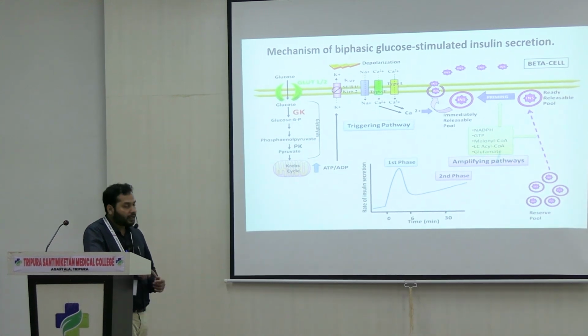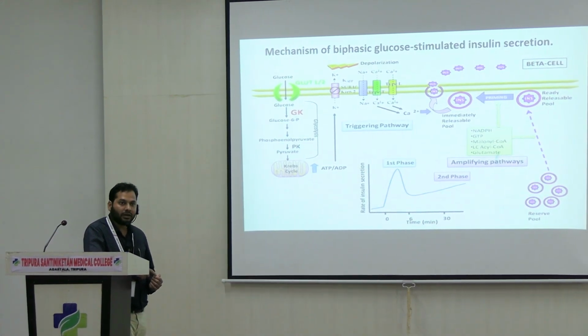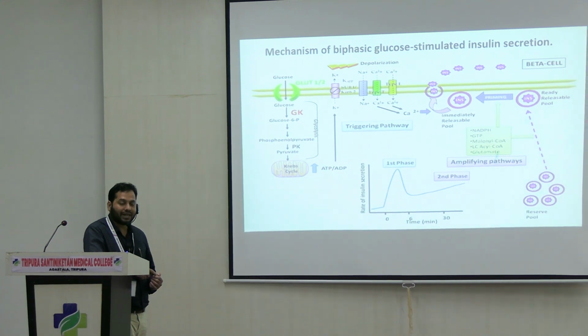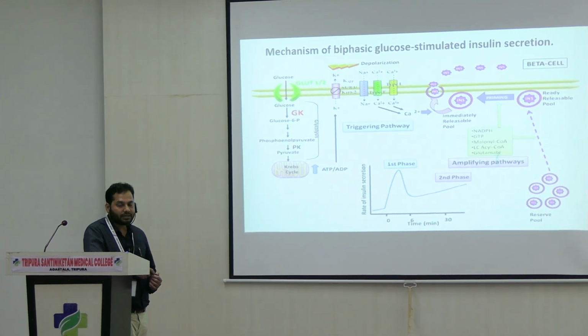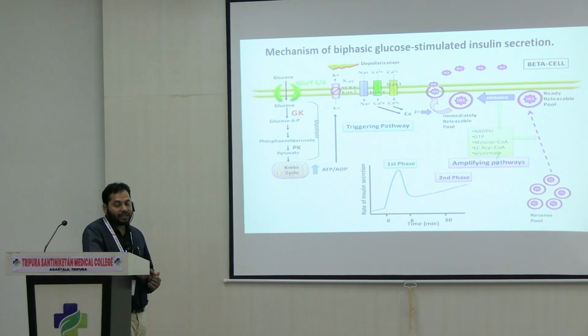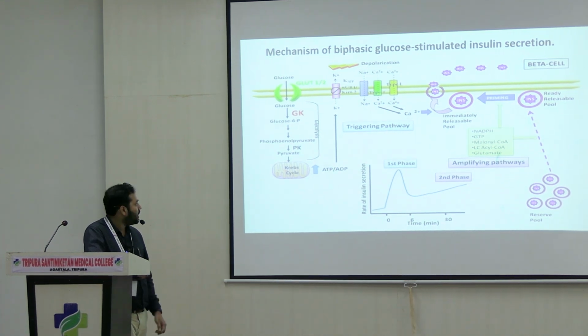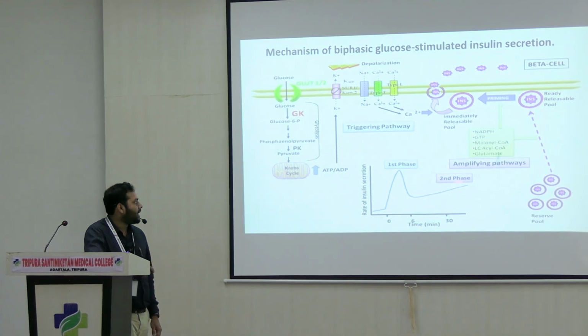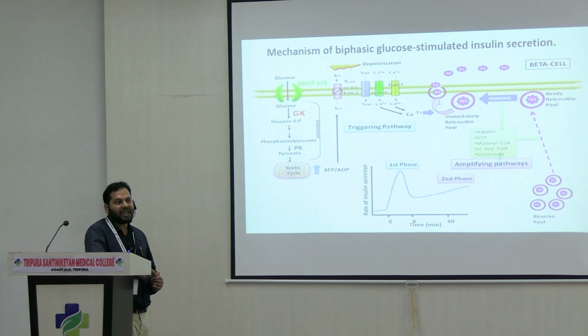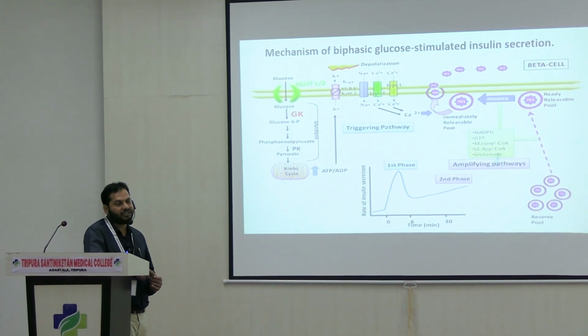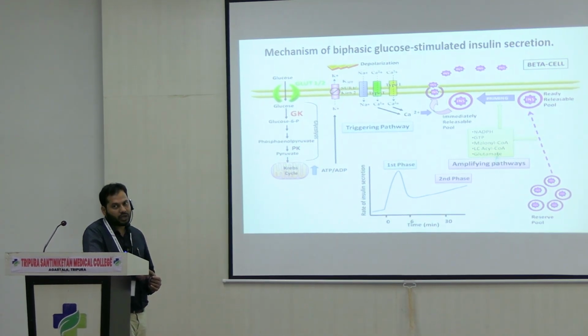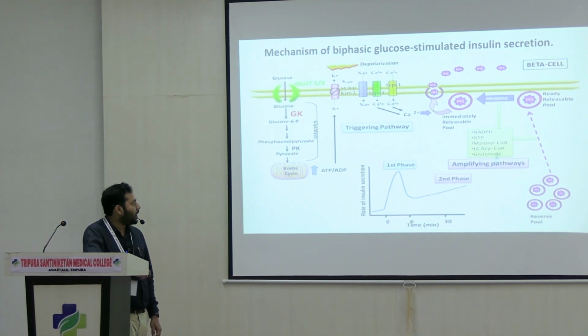At the same time, it is also influenced by some other state. So, that can be explained by some phases. If you see the phase of insulin hormone release or insulin secretion, it can occur in two different phases. The first phase and second phase, called biphasic release of insulin or biphasic secretion of insulin hormone. And this biphasic secretion is influenced by different factors.